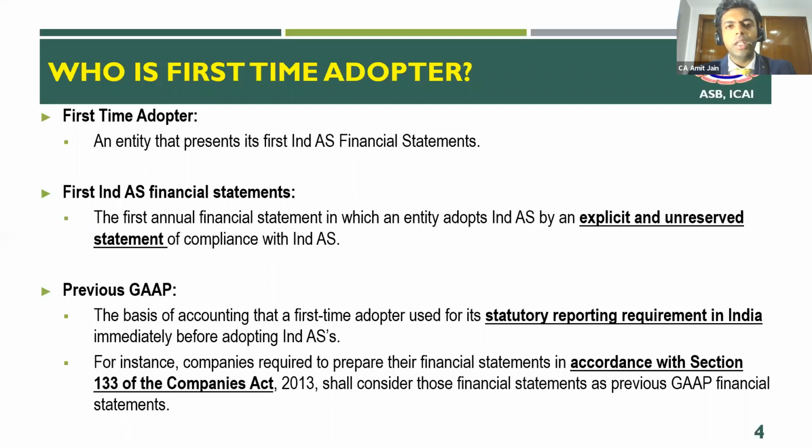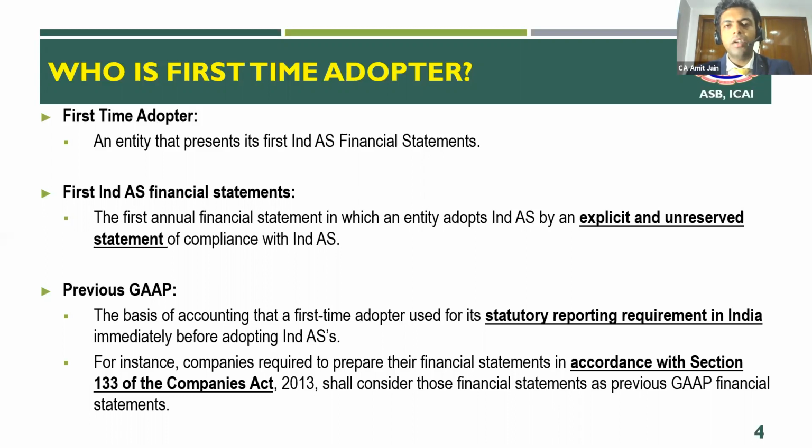That means the company has to mention that there is an explicit and unreserved statement. That means there should not be any reservation or statement of non-compliance. There should be a proper explicit and unreserved statement of compliance with all IND-AS mentioned in the first IND-AS financial statement. Then it will be considered to be the first IND-AS financial statement of the company.